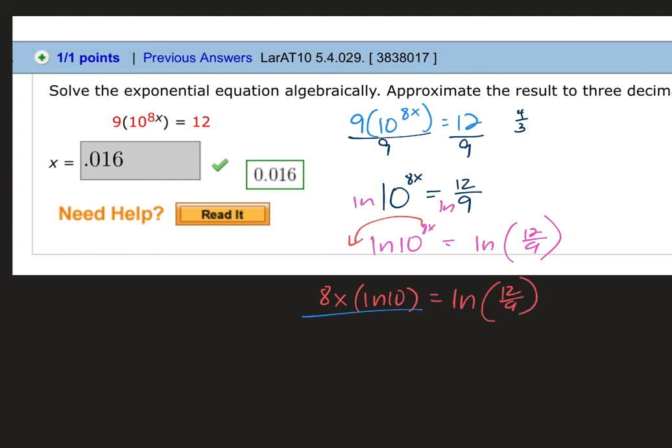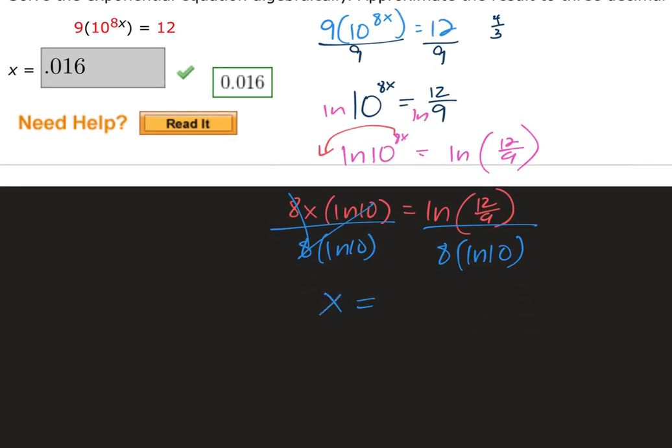I can divide both sides by 8 and ln 10 all at one time, leaving just the x by itself. And then I plug that whole thing in the calculator. So ln of 12 divided by 9, close my parentheses, divided by 8, and I have to group it: parentheses 8 ln 10.